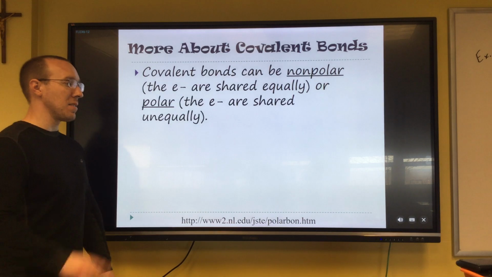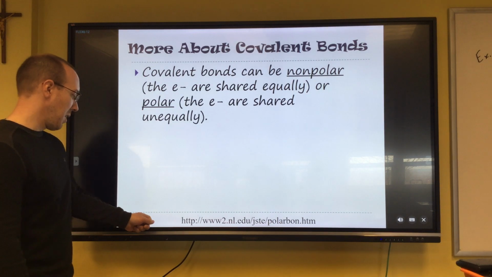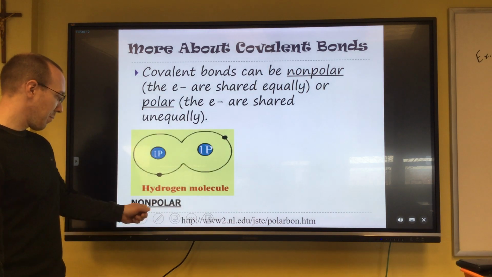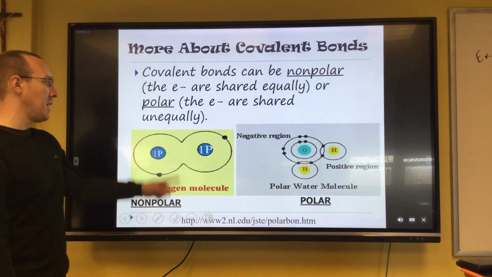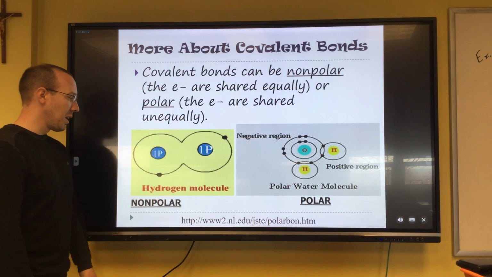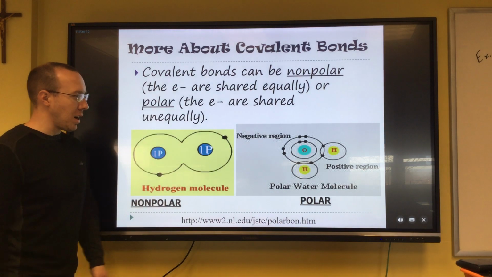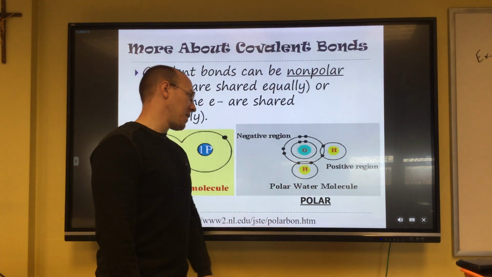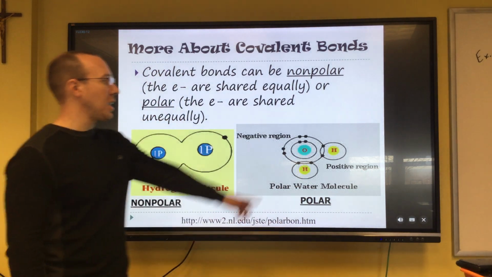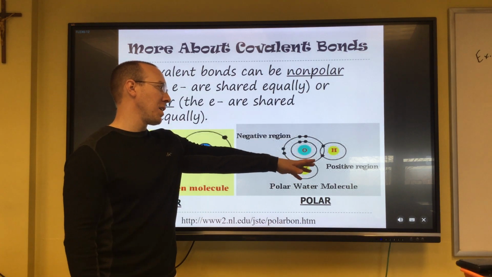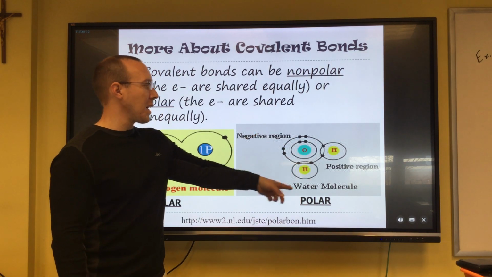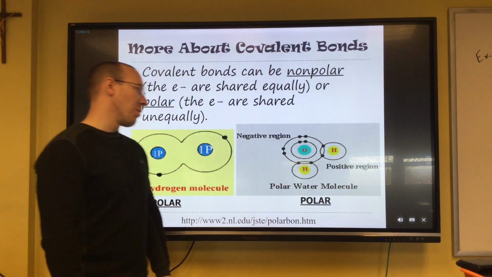Non-polar means the paired up electrons are being shared equally. Hydrogen and hydrogen share equally, so there's no side that has the positive. Water, on the other hand, oxygen has more pull on the shared electrons, so it's a little more negative, and the hydrogens are more positive.